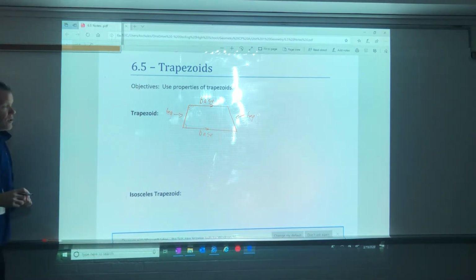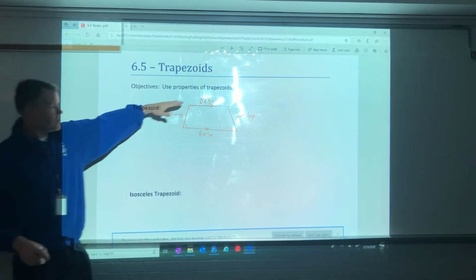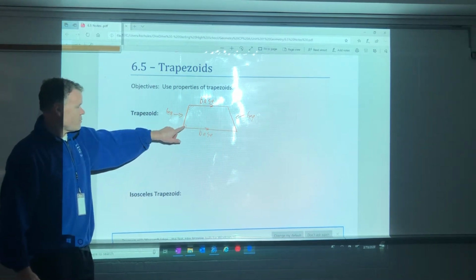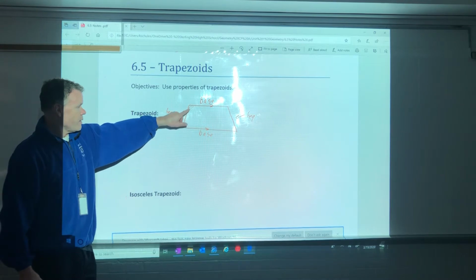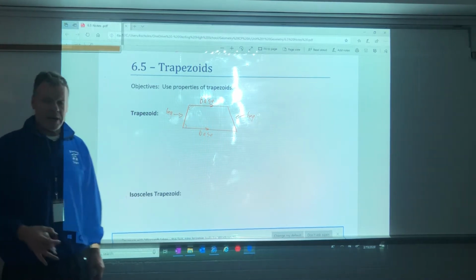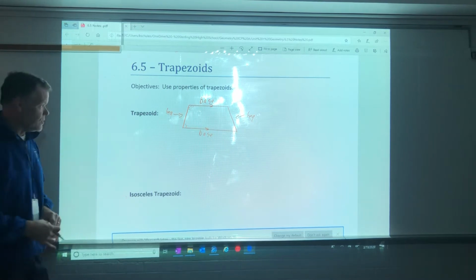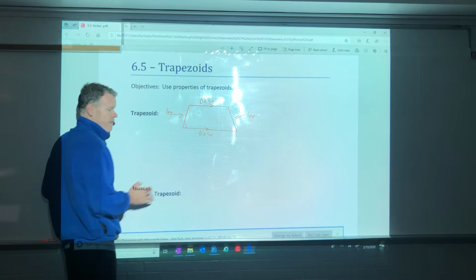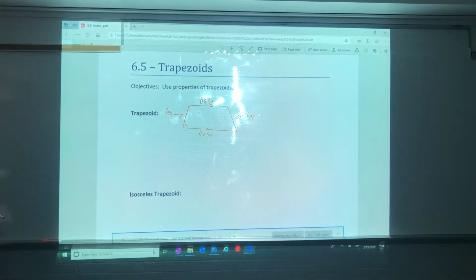So these two bases are going to be parallel. And always, the base angle at the bottom and the one at the top are almost like consecutive interior angles. They're going to add up to 180. So say if I gave you this angle at 60 degrees, this would have to be 120.